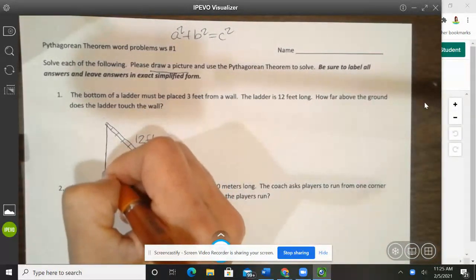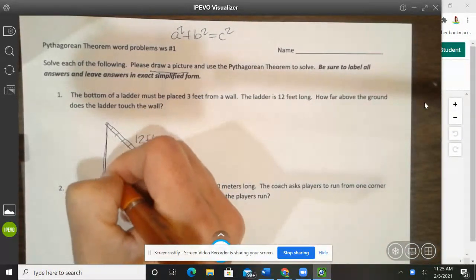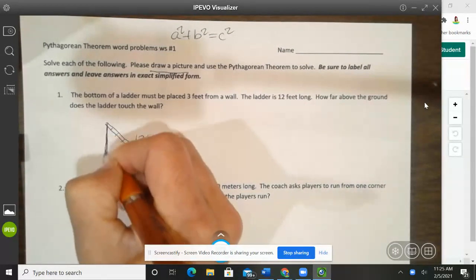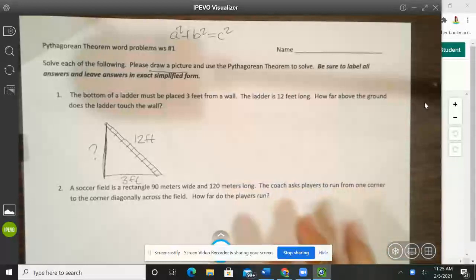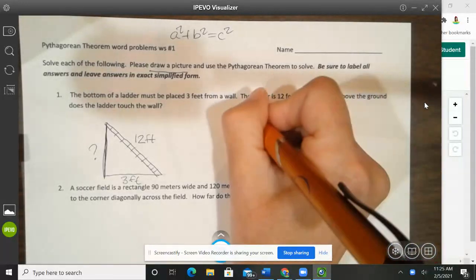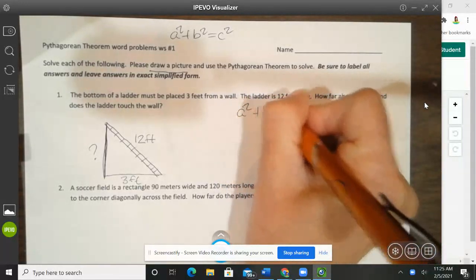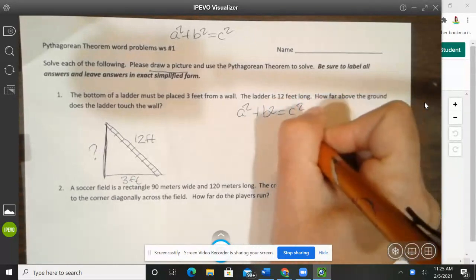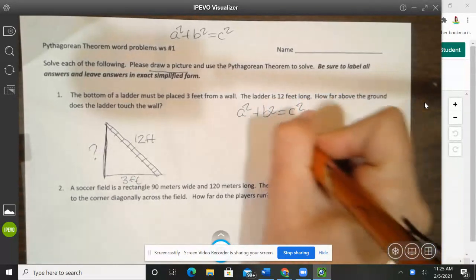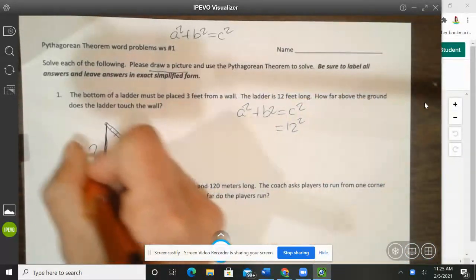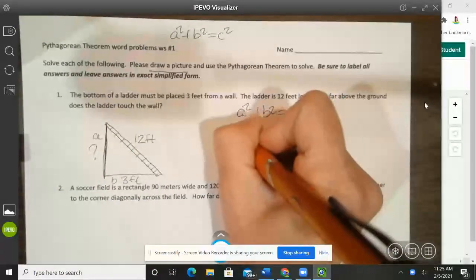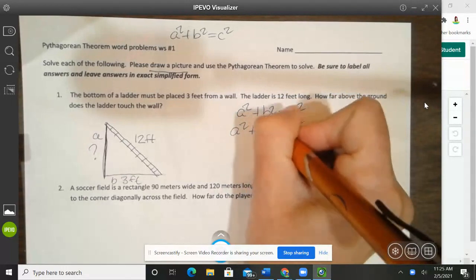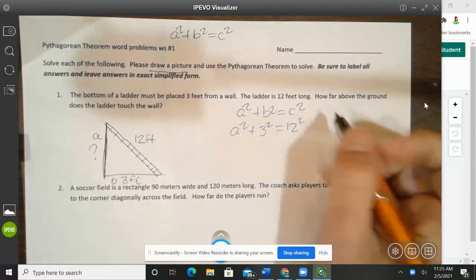What is this measurement? It's a leg, right? So in a squared plus b squared equals c squared, you have 12. You're looking for either A or B. They could be A, these could be B. Then we have a squared plus 3 squared, and then you just solve.